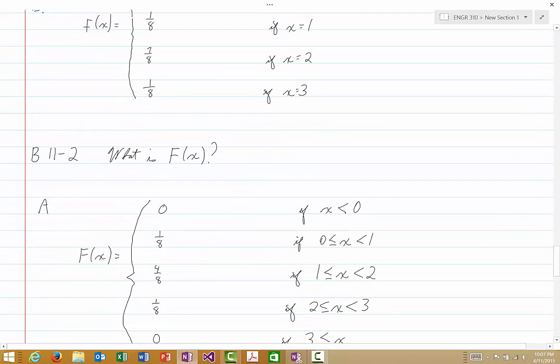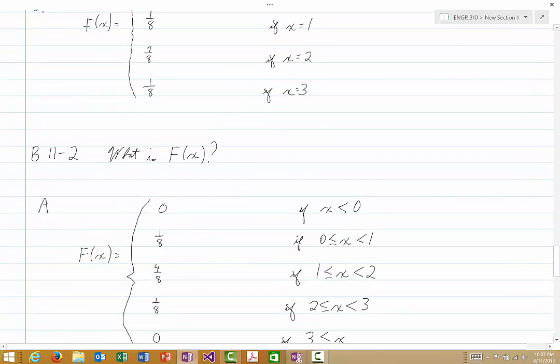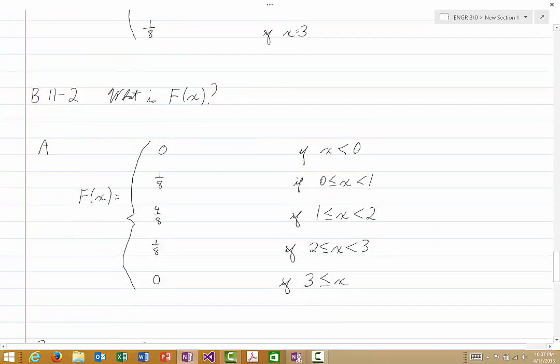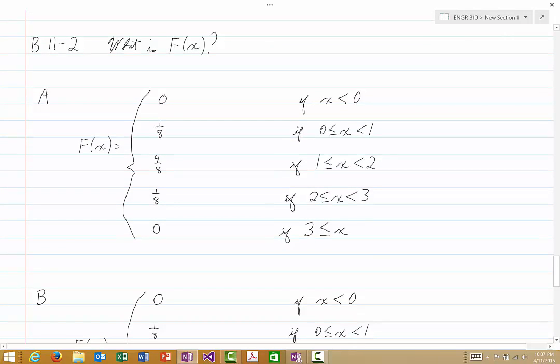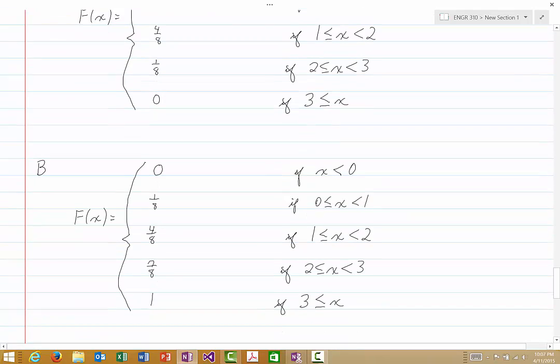And now for problem B11-2, in this one, as you would probably expect, you're asked to find capital F of x. And choice A says capital F of x is equal to 0 if x is less than 0, 1/8 if 0 is less than or equal to x is less than 1, 4/8 if 1 is less than or equal to x is less than 2, 1/8 if 2 is less than or equal to x is less than 3, 0 if 3 is less than or equal to x.